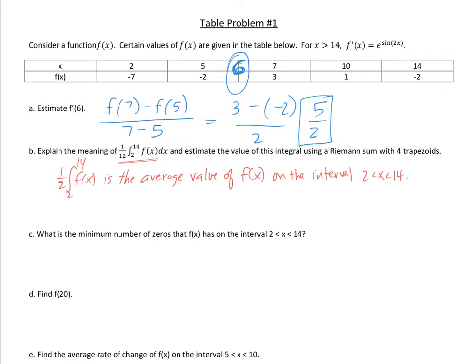All right, when you see that fraction out front, when you're dividing, the value of the integral would be the area under the graph. 1/12 of the integral is the average value of that function.